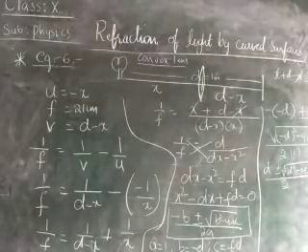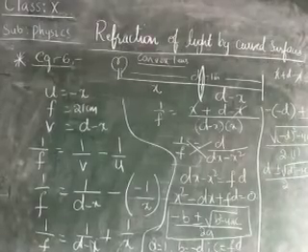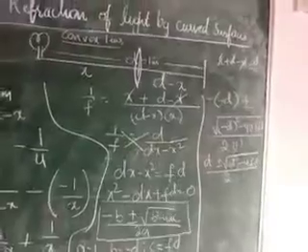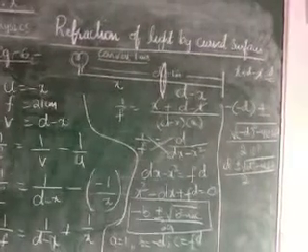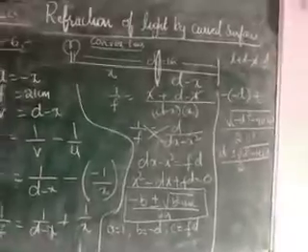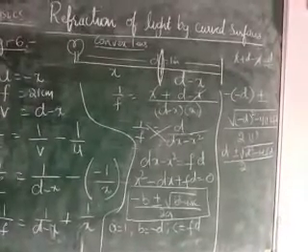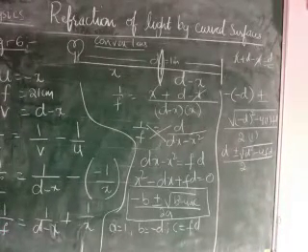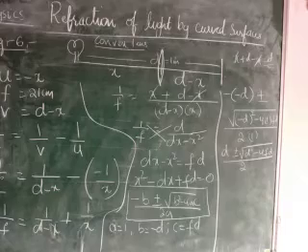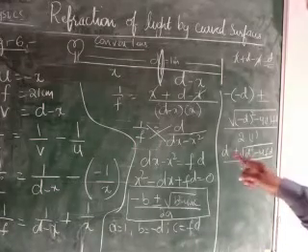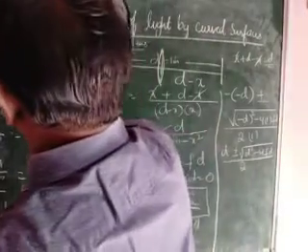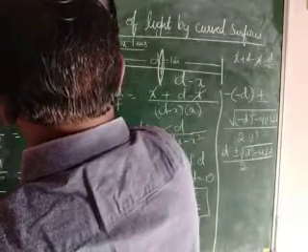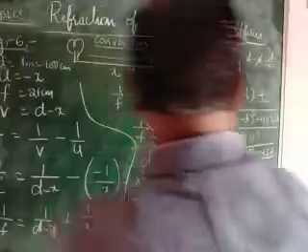Okay children, now let us see: d plus or minus square root of d square minus 4fd by 2. Now you substitute, children. What is the value of d? d is 1 meter. 1 meter is equal to 100 centimeters.